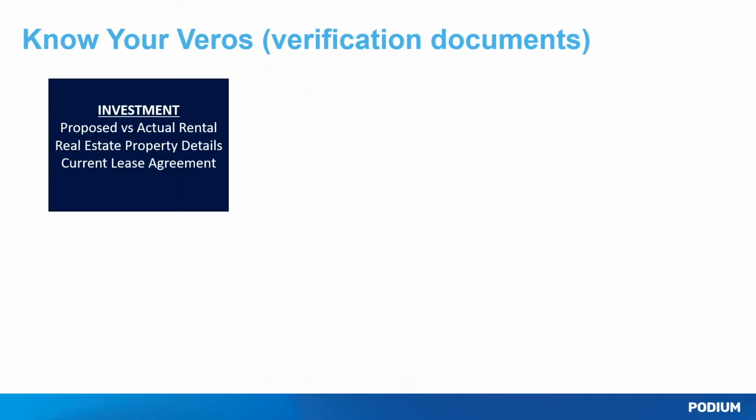If you've got existing tenants, whether or not you have access to a current lease agreement. So again, here are just general documents that you would need as part of an investment loan for property. There are many other types of documents that you could potentially need, but I'm just going to highlight a couple.